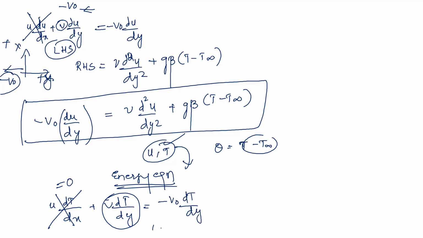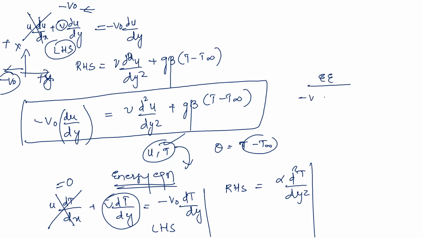This will be the LHS. And the right hand side of the energy equation, as we know, is alpha d square T by dy square. So we can just rewrite that. The energy equation becomes minus vo dT by dy equal to alpha dou square T by dou y square.